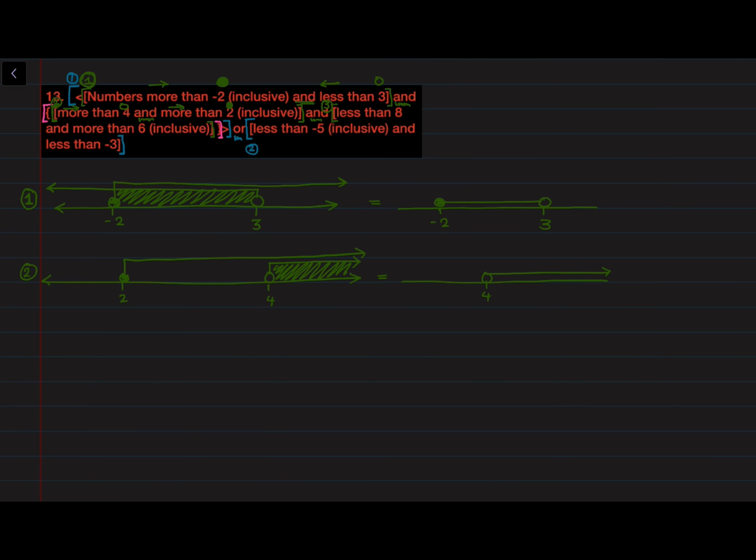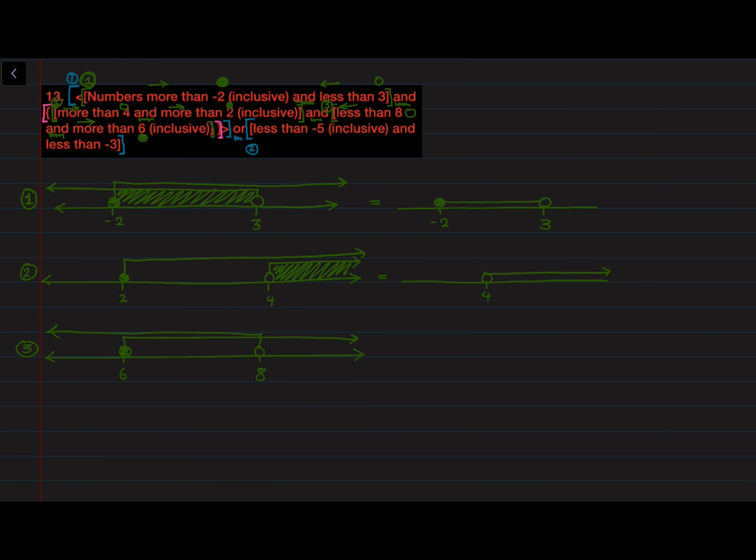Now let's look at the third green part, which is this one. Over here we're looking for numbers less than 8 and more than 6. So let's draw the number line. We have 6 here and we have 8 here. It says numbers less than 8, so we go in the negative direction, and numbers more than 6, so in this direction.